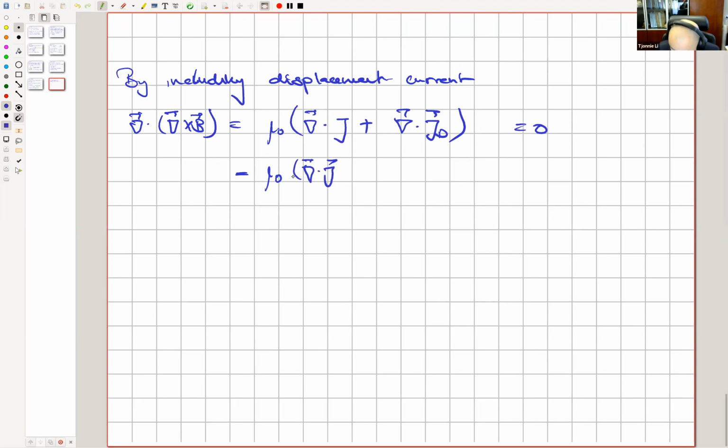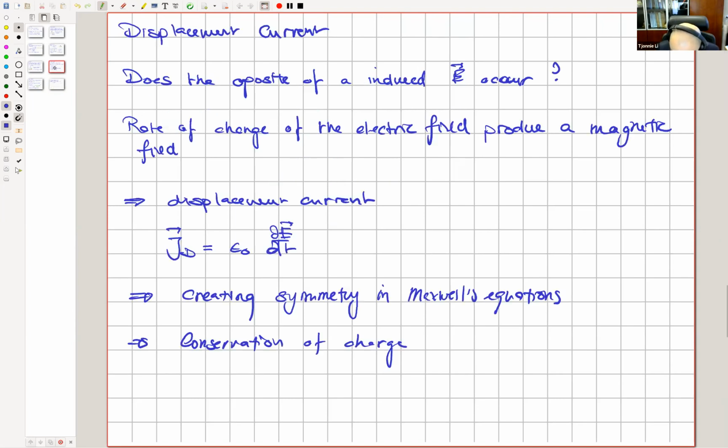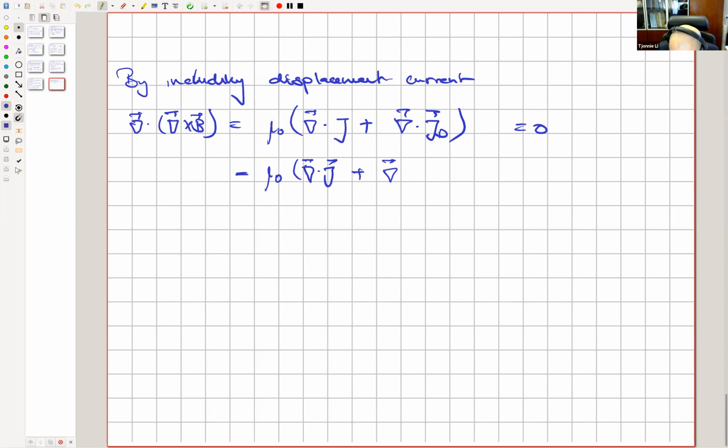Now we've got the divergence of the current plus the displacement current, which is simply given in this equation over here: epsilon naught partial E partial t. So here we've got a divergence of epsilon naught partial E partial t.